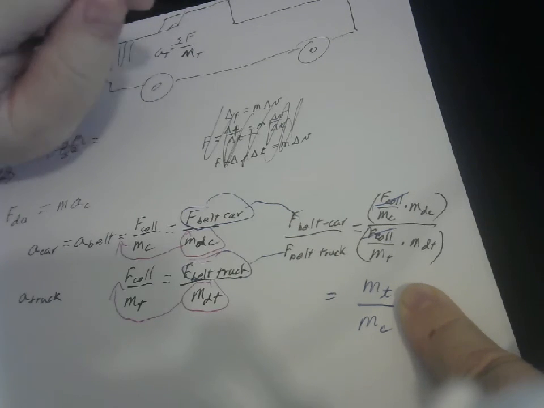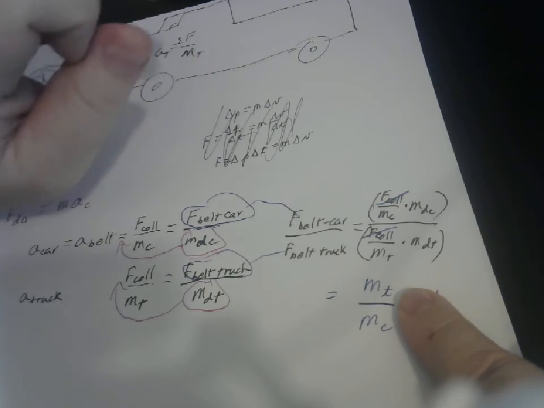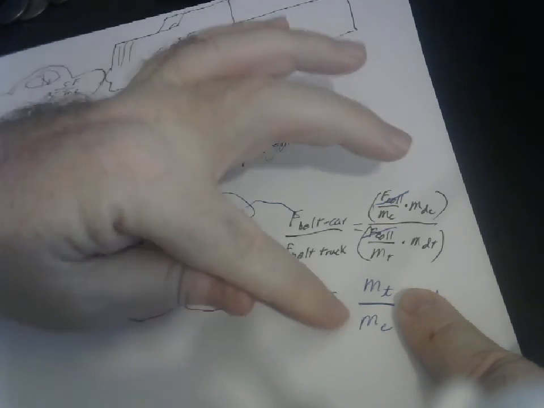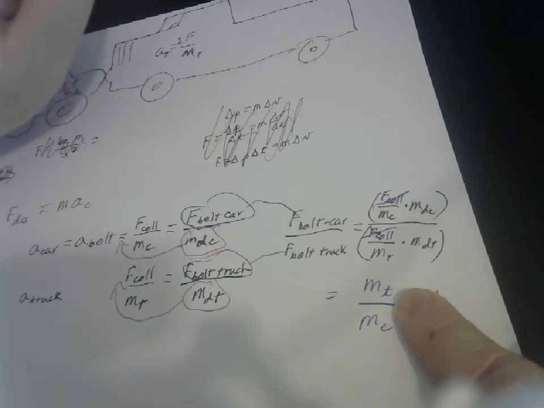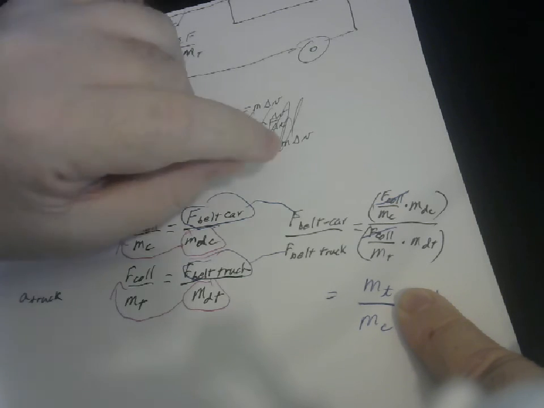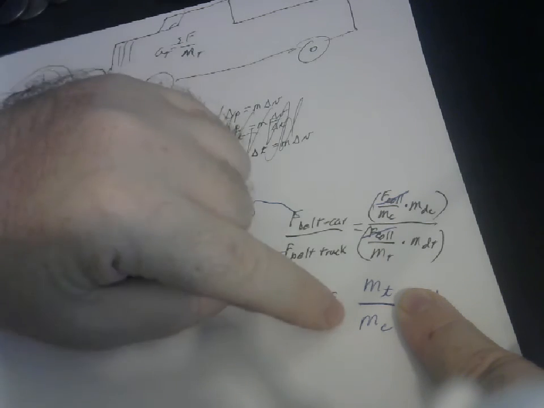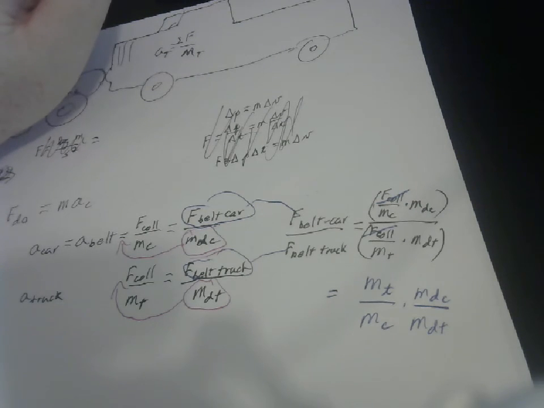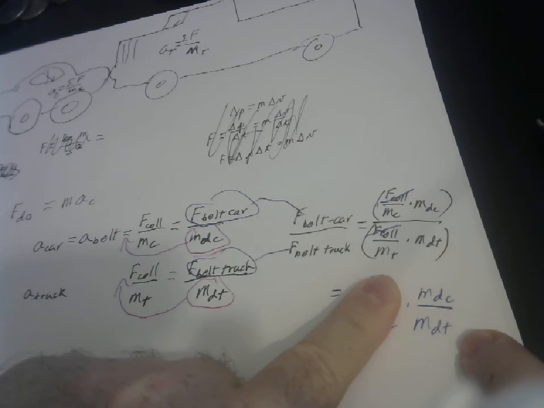So the car driver experiences a larger force by that factor, and the truck driver experiences the smaller force by that factor. And this means that the one with the smaller mass is going to experience more force than the one with the larger mass.